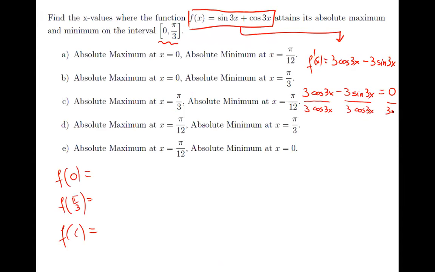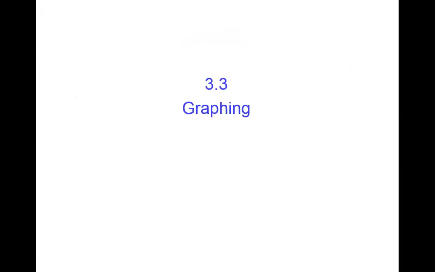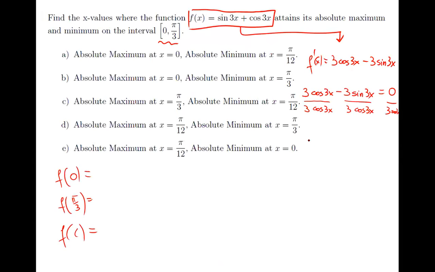That means 1 minus sine of 3x over cosine of 3x, which is tangent of 3x. That means tangent of 3x is 1. 3x is my angle. Who can tell me, tangent for what angle is 1?